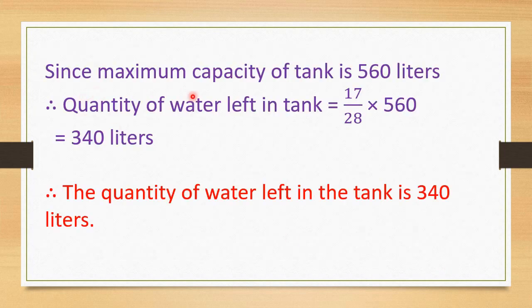Since the maximum capacity of tank is 560 liters, the quantity of water left in tank is equal to 17 by 28 multiplied by 560, that is 340 liters. So the quantity of water left in the tank is 340 liters.